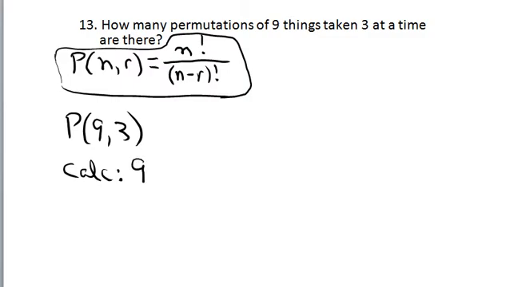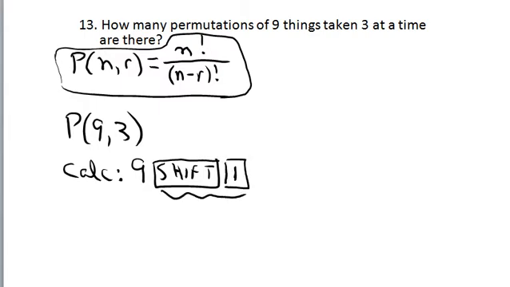You do 9, and then you would do shift 1. Shift 1 is the permutation key combination. So shift 1 is for permutations.